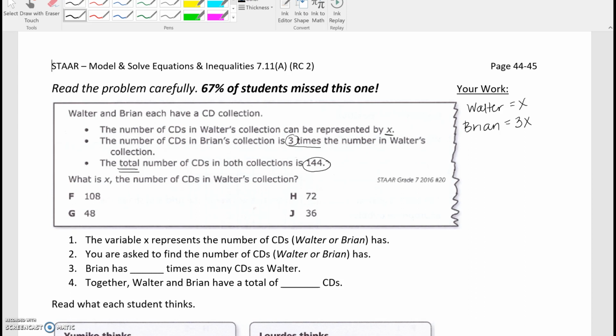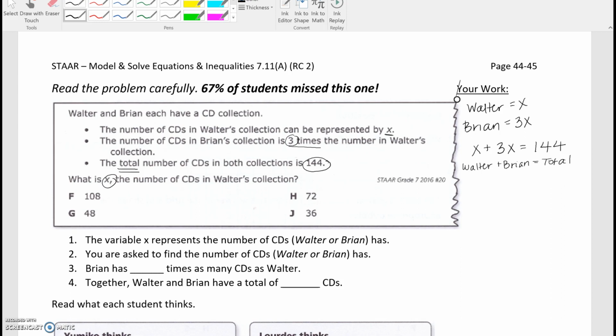So that means I'm going to add Walter's collection and Brian's collection together to get 144, right? So this is Walter plus Brian equals total. Okay, so it says what is X?